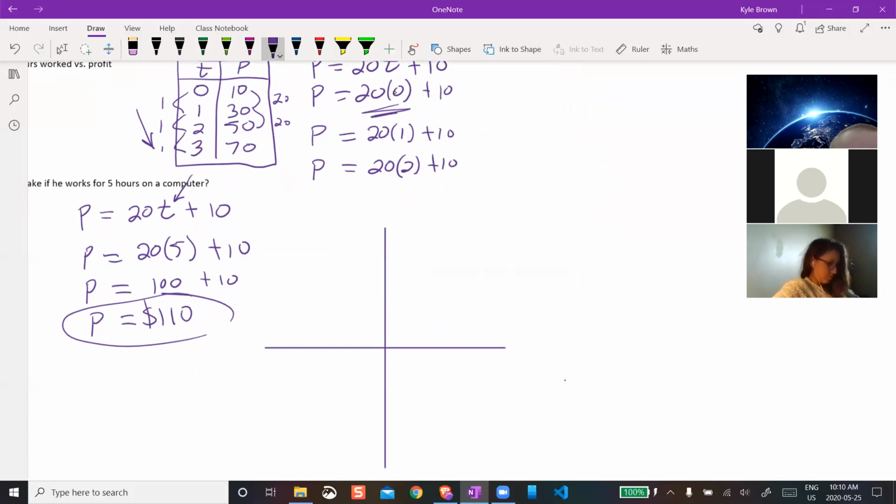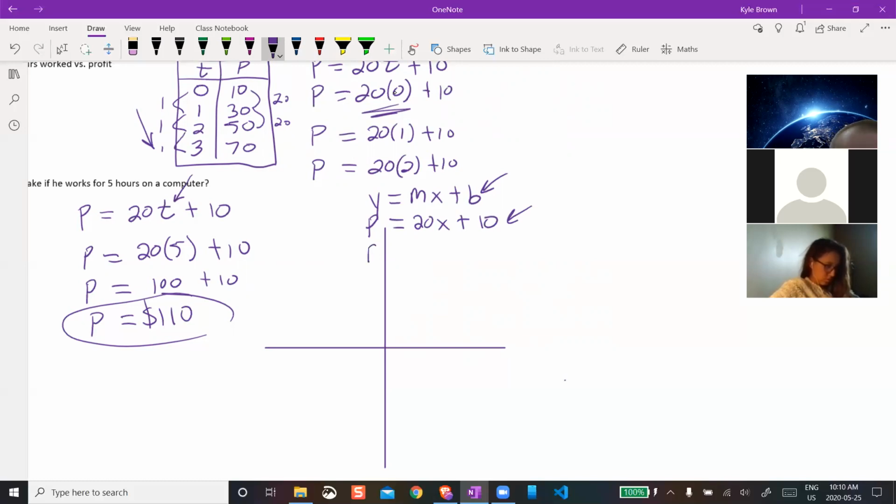Okay, so I'm going to write y is equal to mx plus b at the top here. If you remember the b value, in our case, I'll write our new equation, P is equal to 20x plus 10. So our b is 10. Remember, that's where we start.